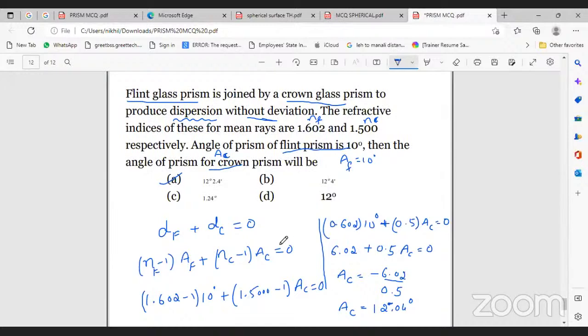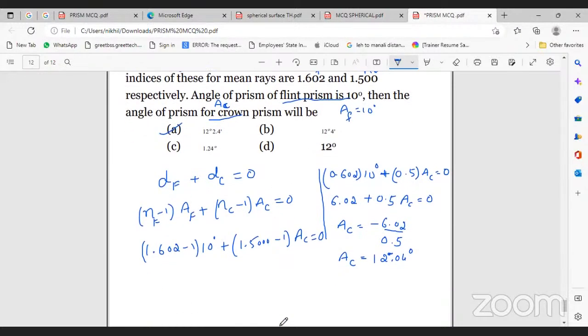You know how to simplify that, right? You know that 1 degree corresponds to 60 minutes.